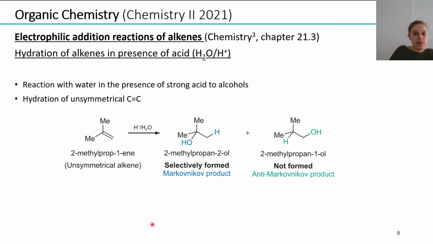If we now have, as example, this 2-methyl-prop-1-ene, which is an unsymmetrical alkene, we convert it in acid solution with water.